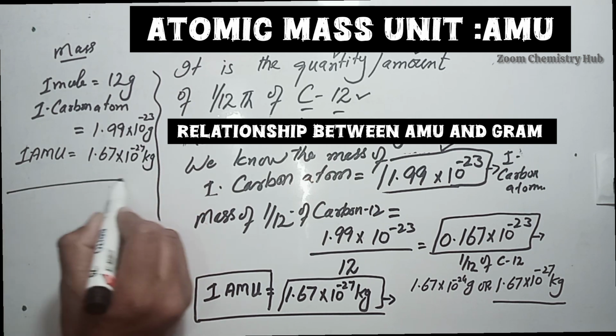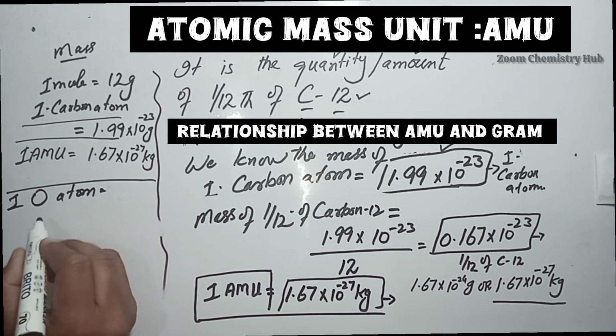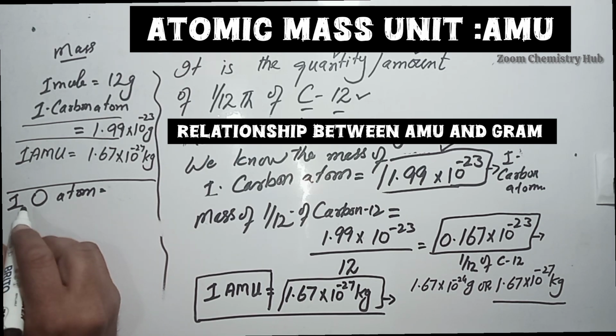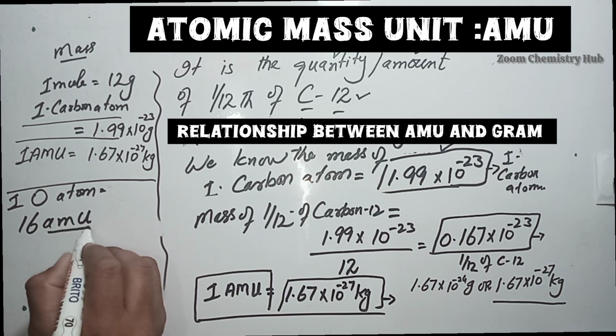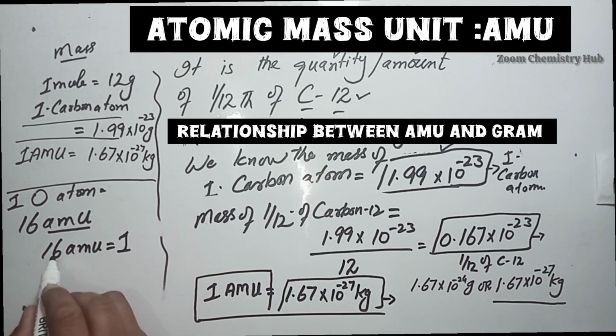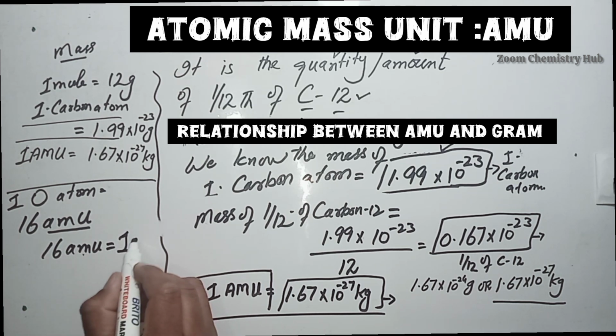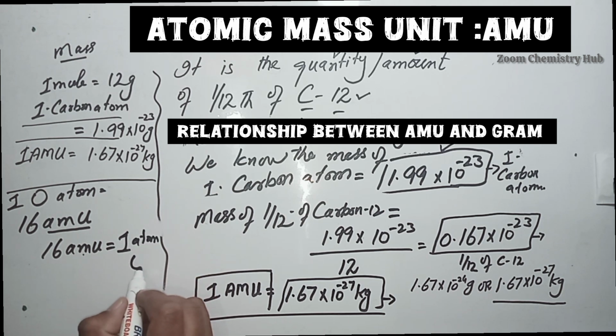One oxygen atom has mass 16 AMU. It means 16 AMU equals 1 atom of oxygen.